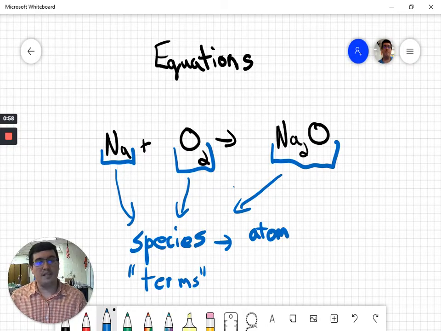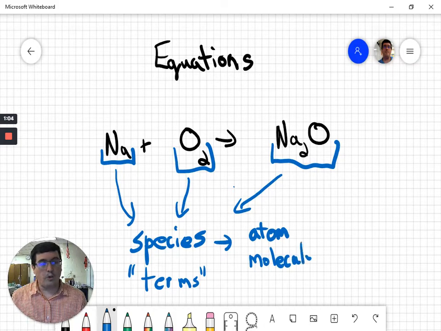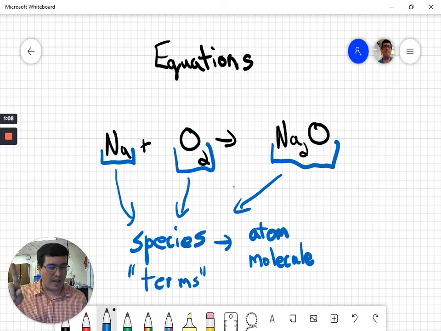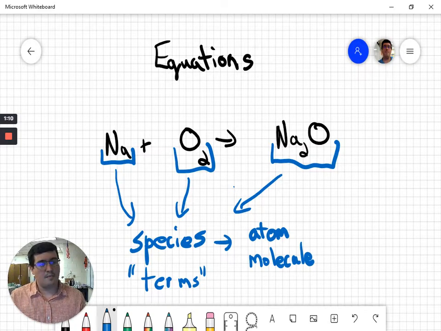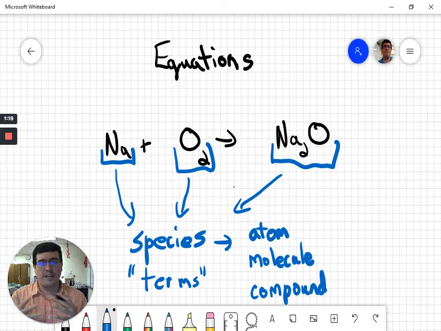The second one is two atoms bound together into a molecule. Or you could have, for example, two ions stuck together, really three ions, but more of that in just a second. You've got sodium ions and oxygen ions stuck together, and that's an ionic compound. So a species could be an atom, a molecule, or a compound, and so we just call them species.